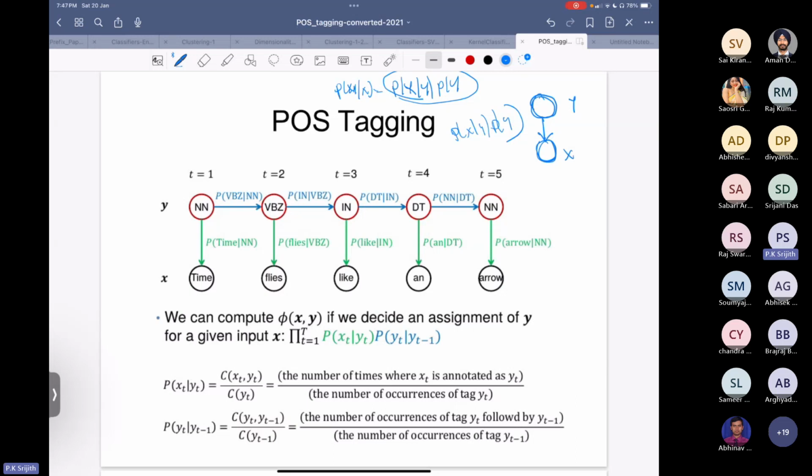Now, in our case, we are looking at sequence labeling problems where we have a sequence of x's, x1, x2 up to xT, and a sequence of y's, y1, y2 up to yT. These are the different variables of interest to us.